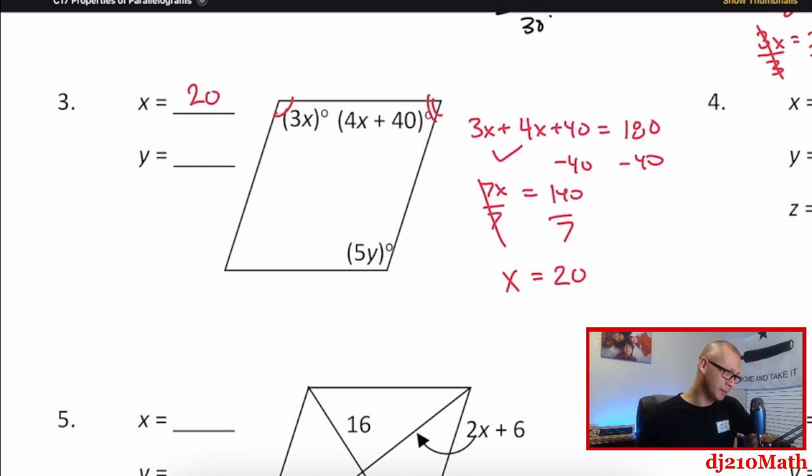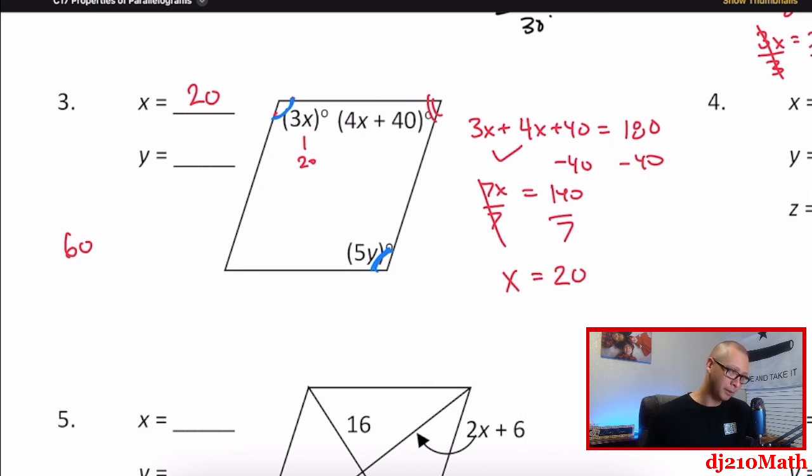Now it's not 20 degrees, right? Because x is equal to 20. Technically it'd be 60 degrees, but the problem's asking us for x. So you always want to be aware of that. Okay, so with that being said, 3 times 20 is 60. And this means that opposite angles are going to be congruent, right? These angles are going to be equal.